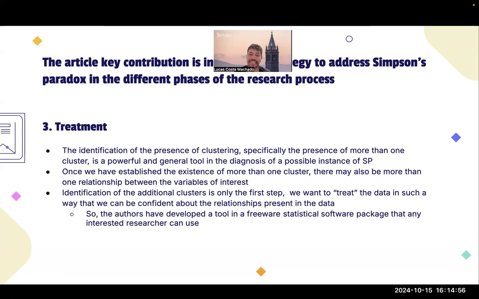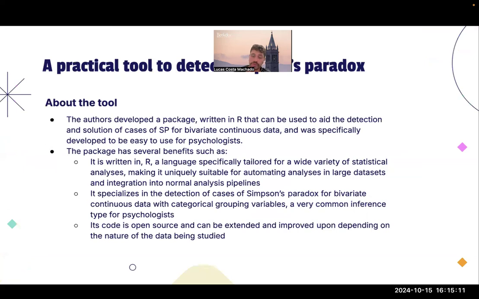Basically, the authors of this article developed a tool in R to analyze and treat the data. I'm going to talk more about this tool, which is very interesting. I gave a look at it, and for sure I'm going to use it.